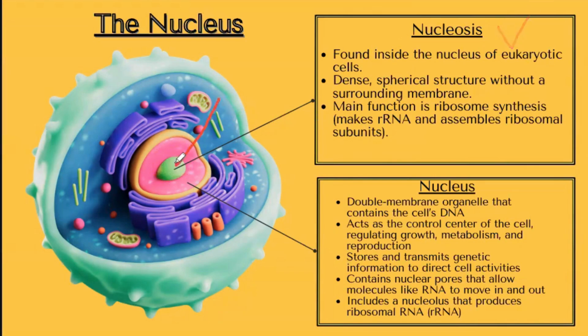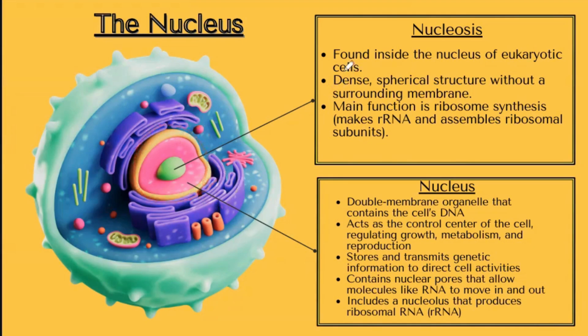That's this green feature here. Think of nucleus inception, where you have a nucleus within a nucleus, essentially. It has the same physical features. It's a dense spherical structure, but it has no membrane on the outside, unlike the nucleus, which has that little yellow structure that's supposed to be the membrane.